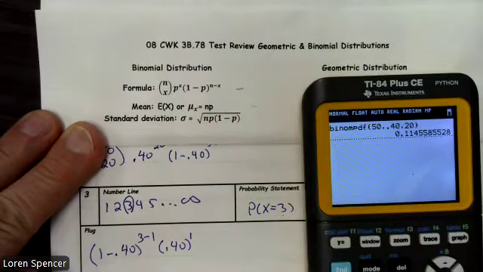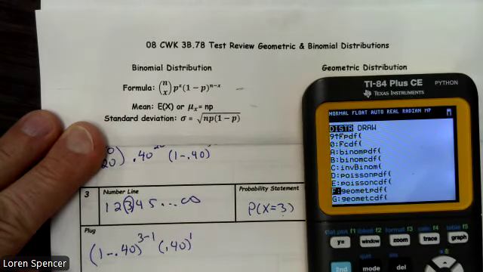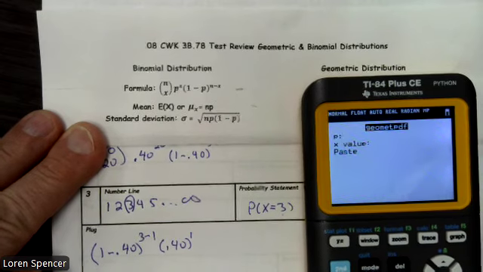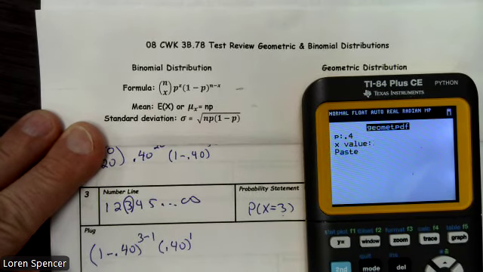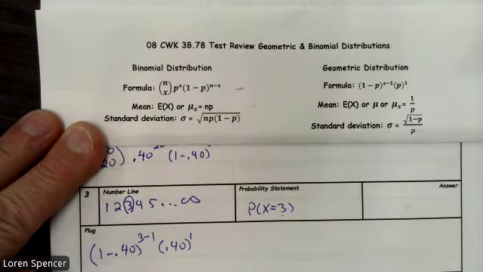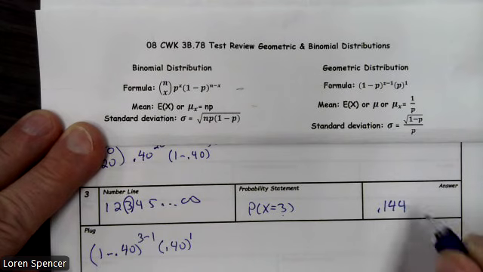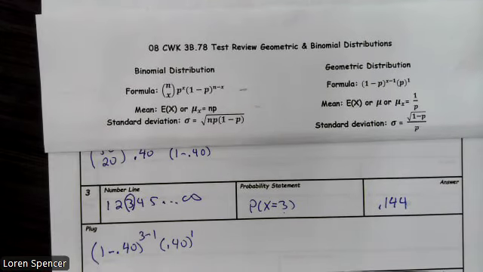To get my answer, I'm going to have to go second vars, geometric PDF, probability is 0.4, X is 3, and I don't use the summation because we only had a singular value here. It's 0.144. Okay, moving on to number 4.